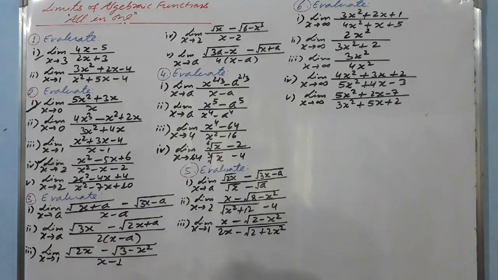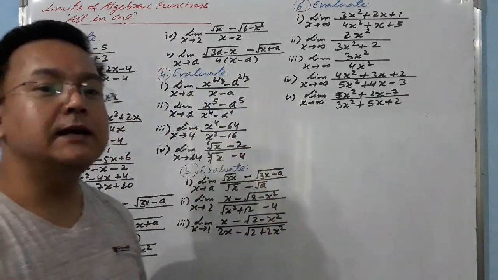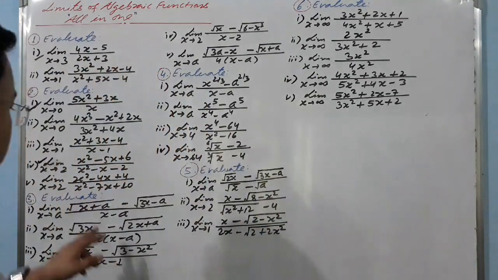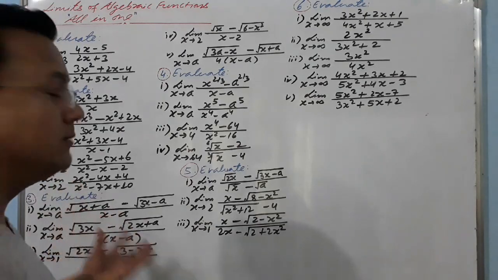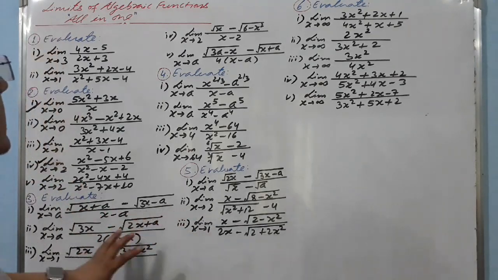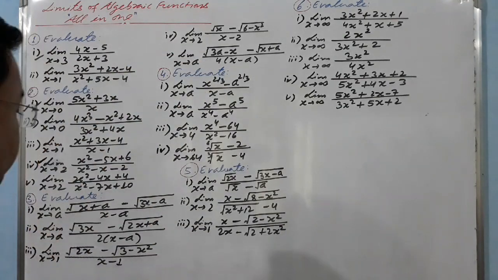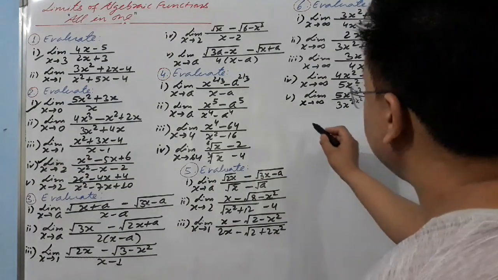You know the conjugate, if we have root a plus root b, then its conjugate is root a minus root b. So I'm going to tell you one question. If I find the limit of the one question, then easily, comfortably, you can find out the limit of all questions of 3. So let's move into question number 3.